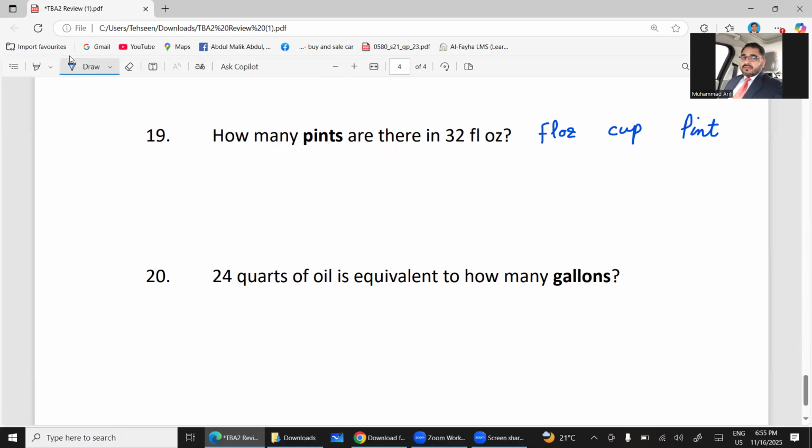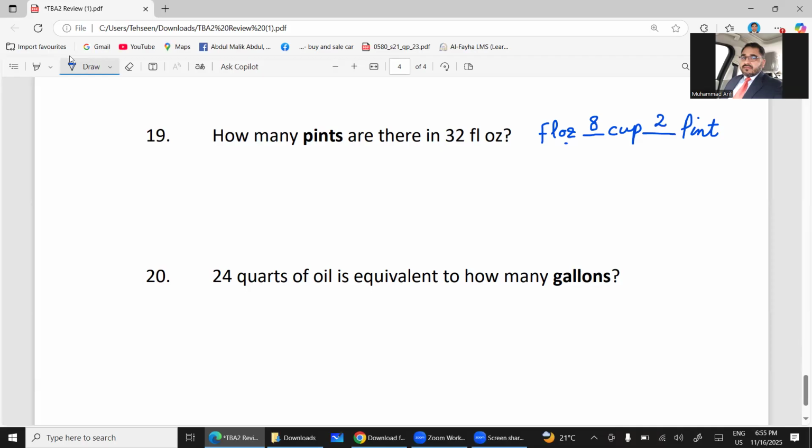How many pints in 32 fluid ounces? Fluid ounce to cup is 8. In 1 cup there are 8 fluid ounces, and in 1 pint there will be 2 cups.